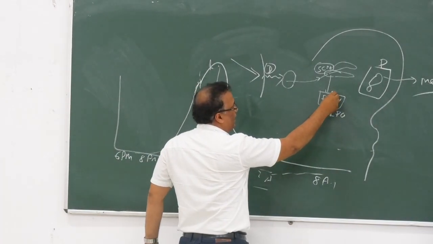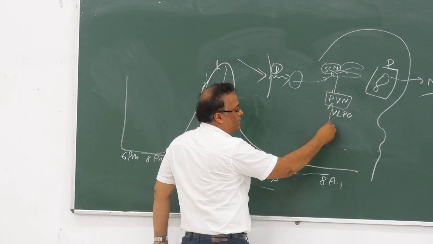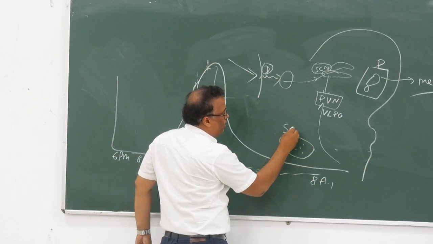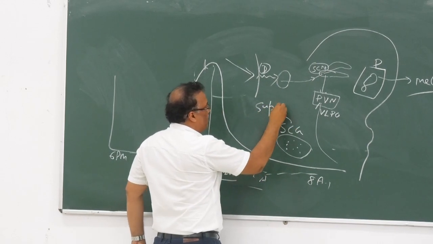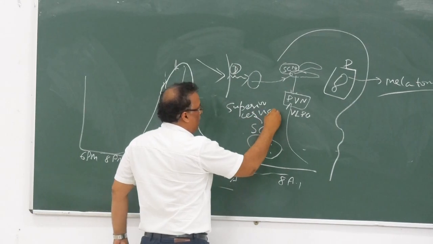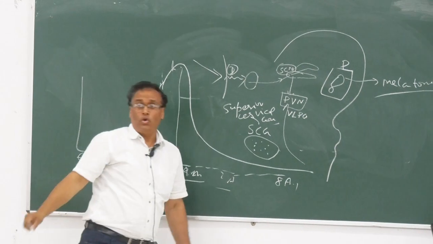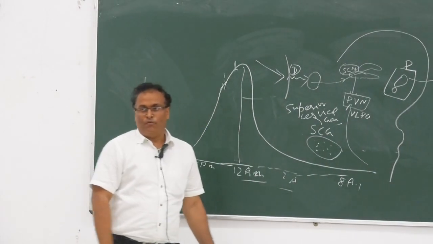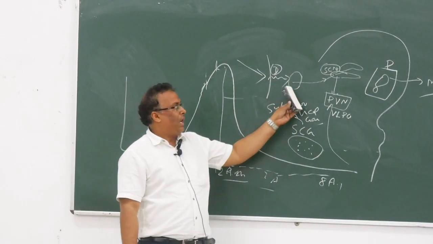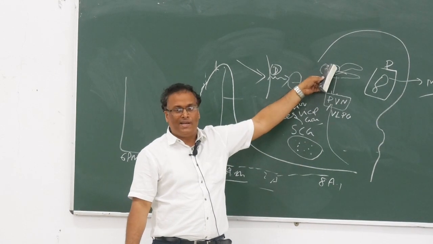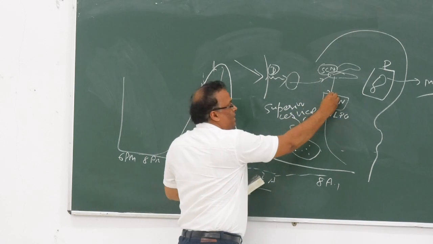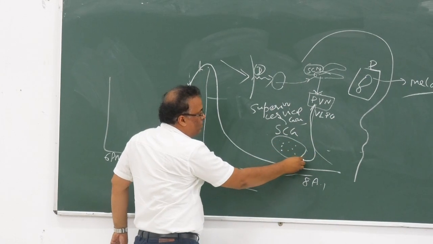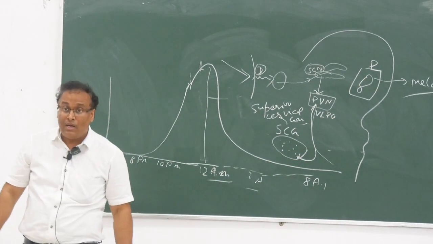At least the periventricular nuclei, this information is going, and down here this is called the superior cervical ganglion. This part is a bit confusing, meaning a bit difficult to understand, but I am trying to keep it very easy. Light came, information went to the suprachiasmatic nucleus, and then this information comes to the periventricular nuclei, and then it comes downward into the superior cervical ganglion.